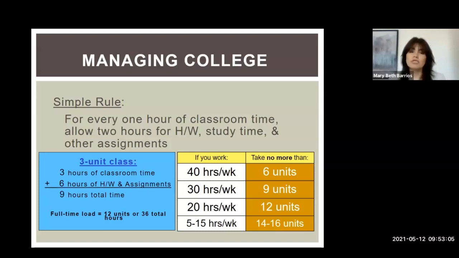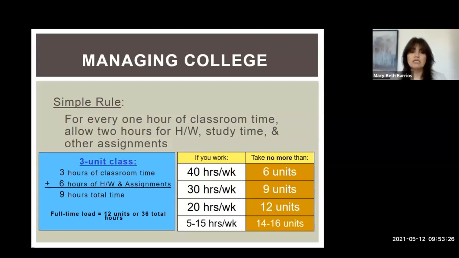So a simple rule is that for every 1 hour of class time, you're expected to have 2 hours set aside outside of class to complete any homework, to do the readings, for studying, for group work, and any other assignments for that class.